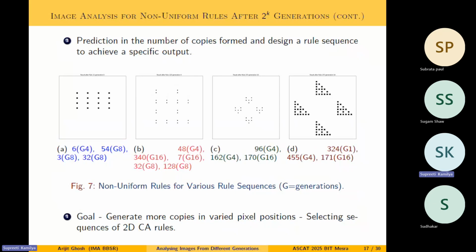The number of pixels formed can be calculated as follows: 6 is a group 2 rule, 54 is a group 4 rule, 3 is again a group 2 rule, and 32 is a group 1 rule. Multiplying, we get 2 times 4 times 2 times 1, so a total of 16 pixels. Similarly, we can use different non-uniform rule sequences to generate various images. The goal is to generate more copies in varied pixel positions.